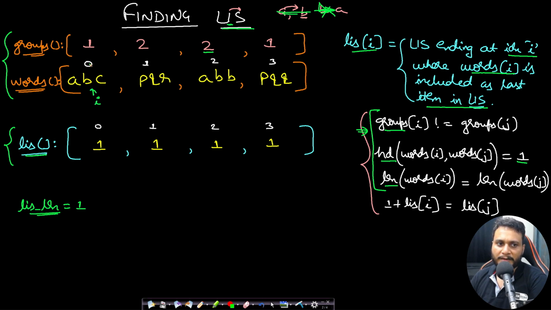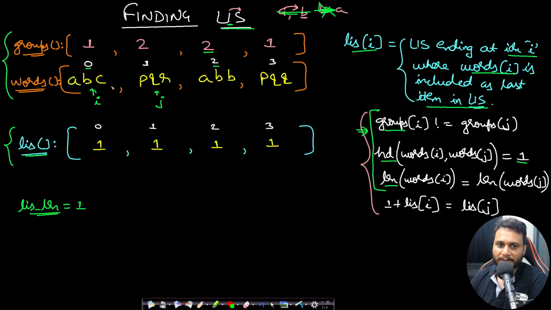So the I loop will start from index 0 and it will go till the second last index, and this will always mean that the ith item is the second last item, and j loop will start from I plus 1 and go till the end, and this will mean that the jth item is the last item. Now if you try to make jth item as the last item and ith as the second last item, this means PQR has to be appended after ABC.